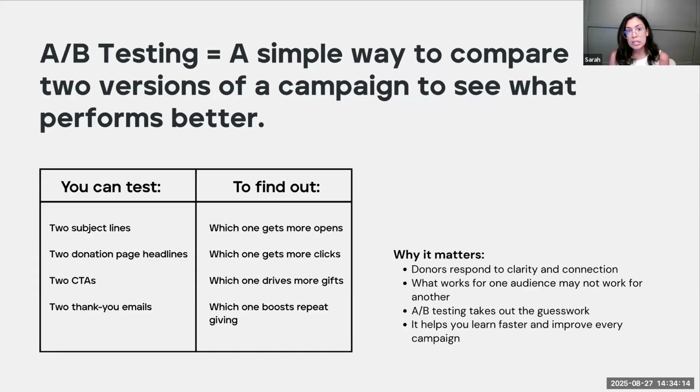Which version got more clicks, more opens, more donations? And this isn't just a marketing trick. In my opinion, it really does help you learn what actually resonates with your donors. For instance, say you have two subject lines for an email. One subject line is, we need your help.